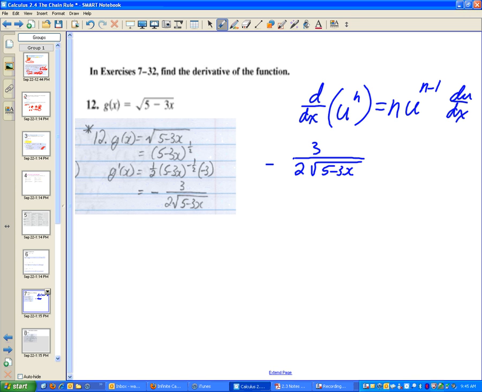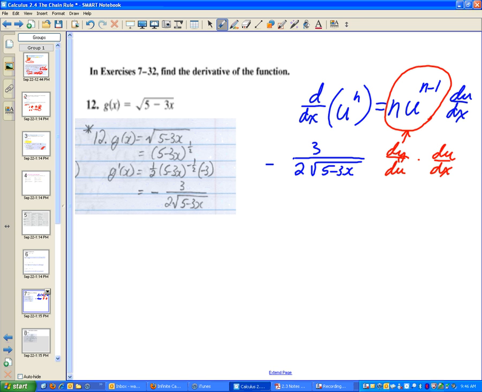Okay? Now, just let me point out, because I don't want you to forget the original notation. That is the dy du from the original chain rule notation. And amazingly enough, the du dx is the du dx from the original notation.